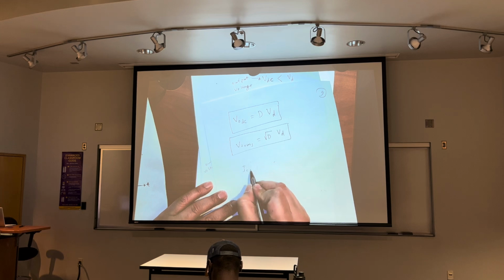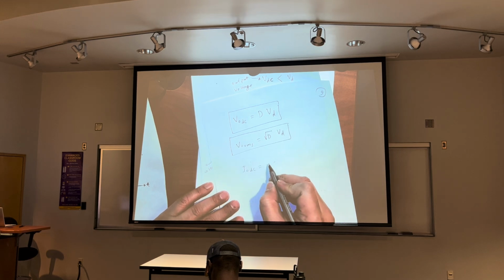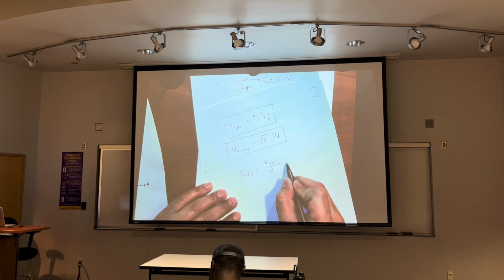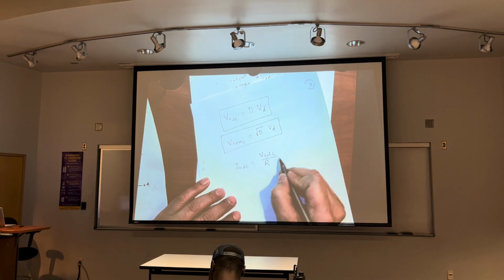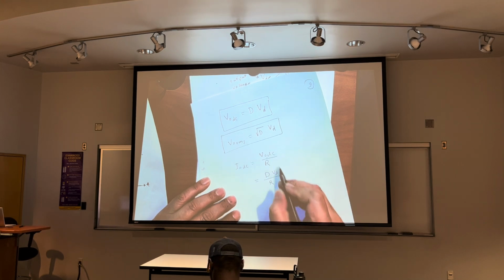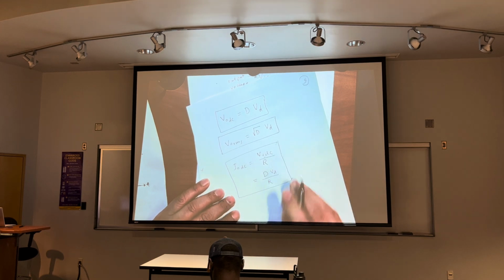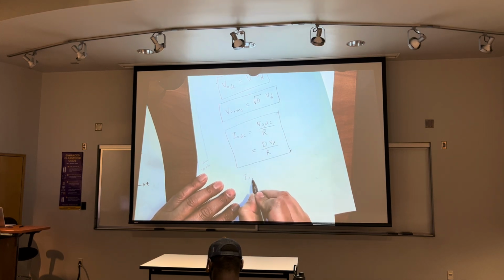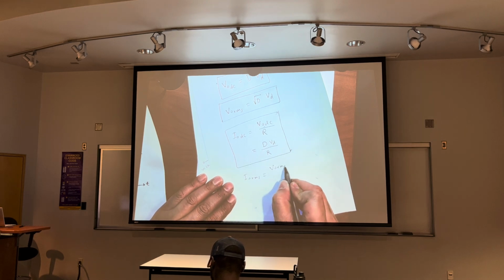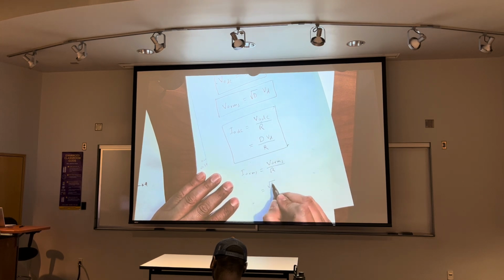I out DC equals V out DC over R, or dVD over R, and I out RMS equals V out RMS over R, or square root of dVD over R.